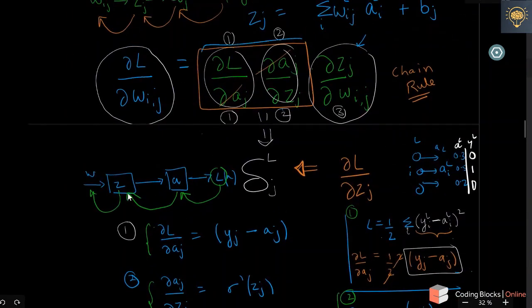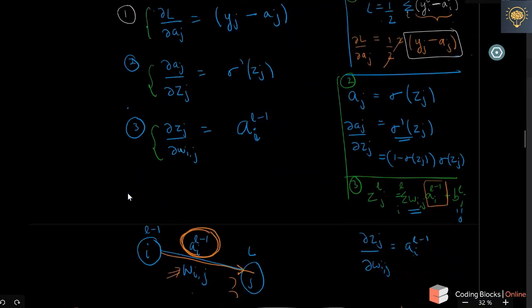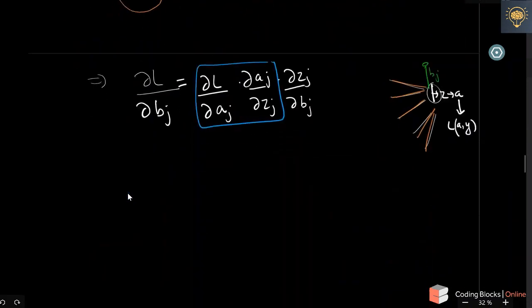So these two boxes are exactly the same, and we have already computed this value. So this value is going to be nothing but delta of L of J, and the only thing left is to compute this value.